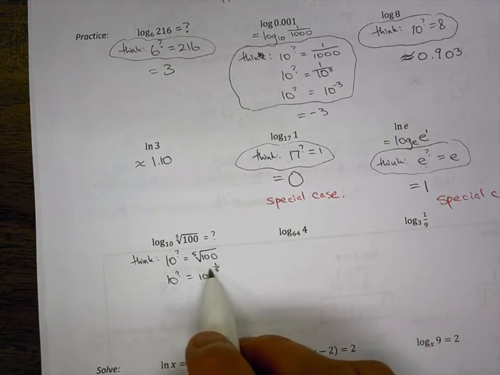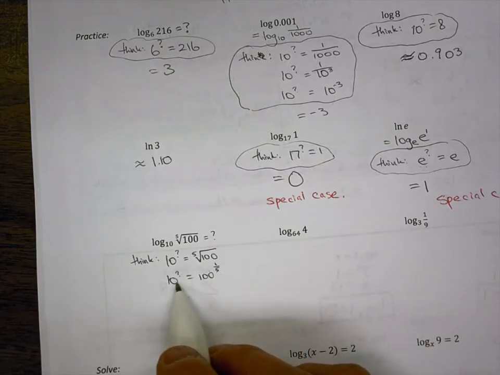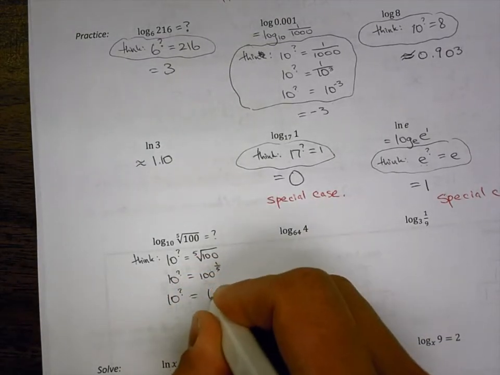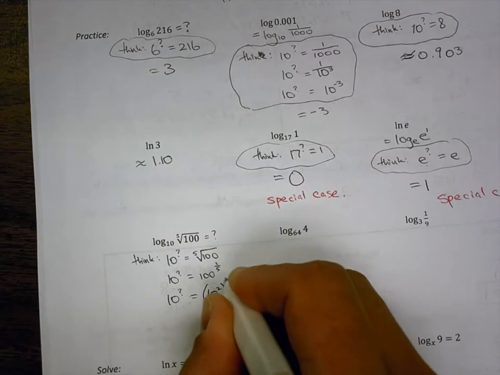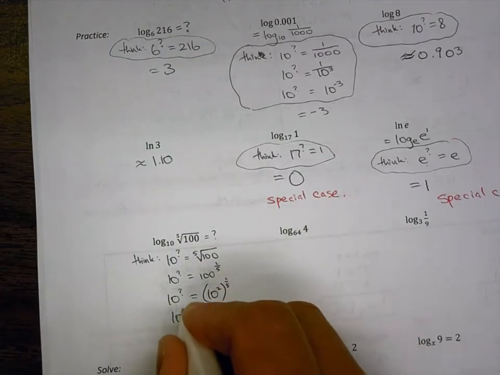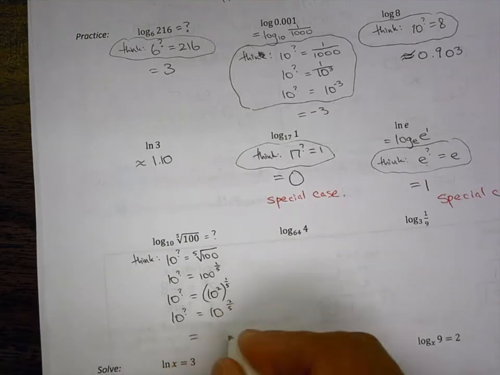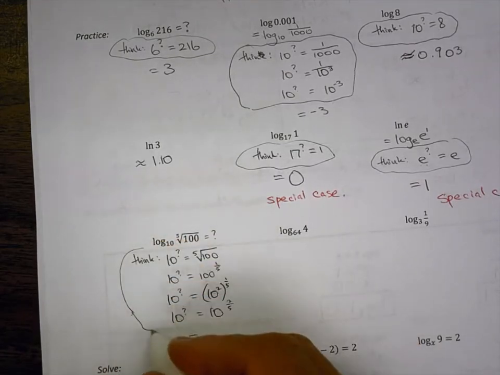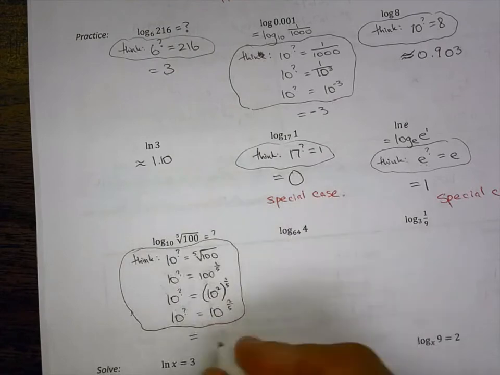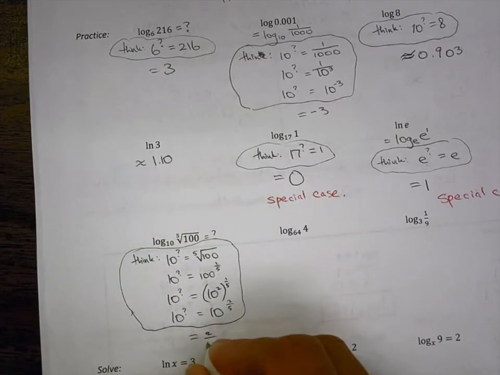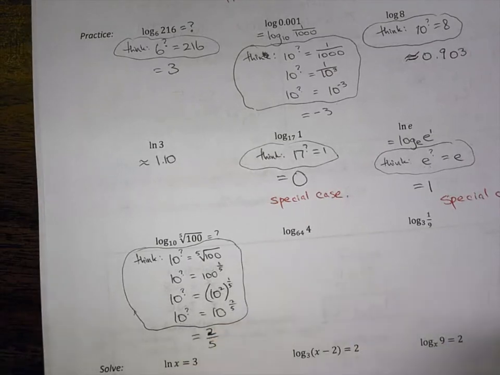Usually I can equate the exponents if the bases are the same, but they're not. However, I can do it. I can change 100 into 10 squared, to the power of 1 over 5. So I get 10 to the power of 2 over 5. So therefore, I think I figured it out now. This answer is 2 over 5. That's a very tricky one.